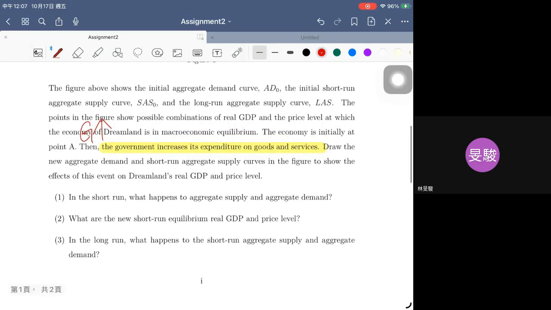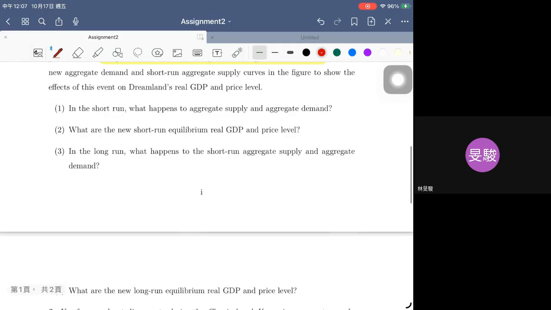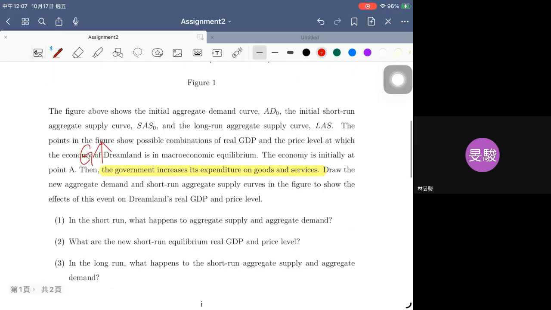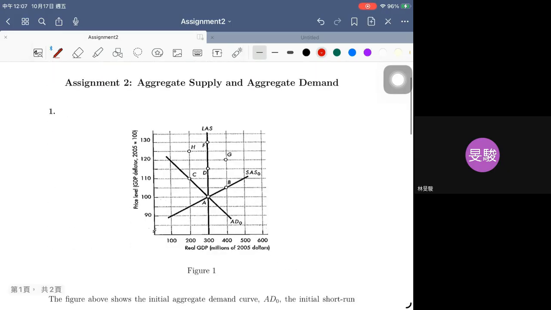Number one: in the short run, what happened to aggregate supply and aggregate demand? You can see many points in the picture, and you maybe don't know what the line should shift to.